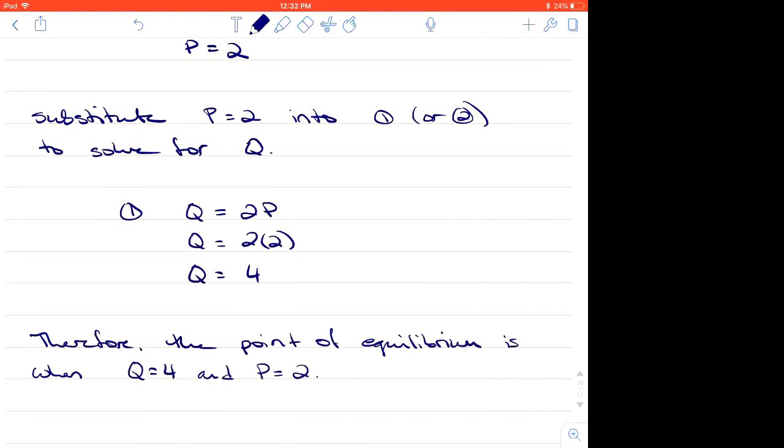That's our only equilibrium point. For two straight lines, they only ever cross once. So it's the only solution to this supply and demand curve combo.